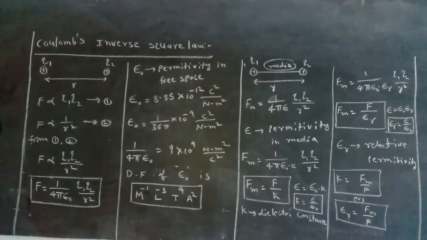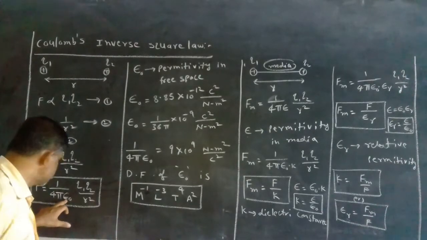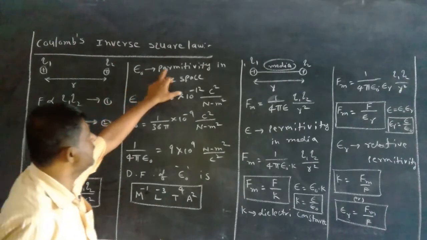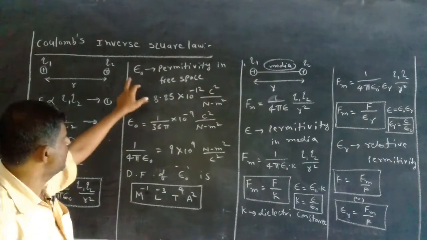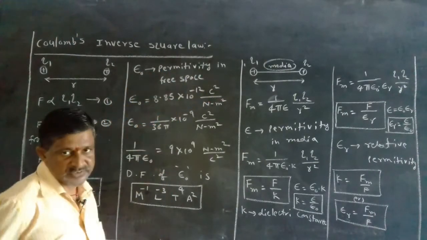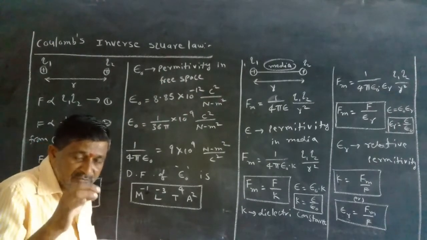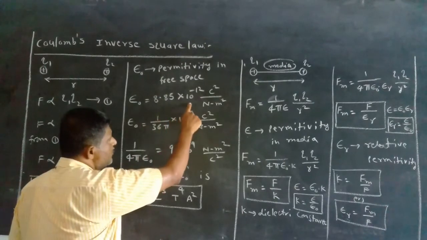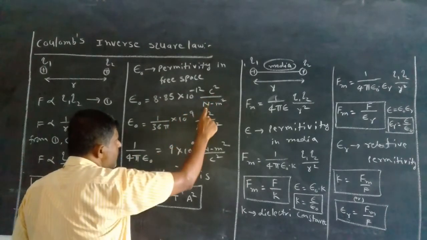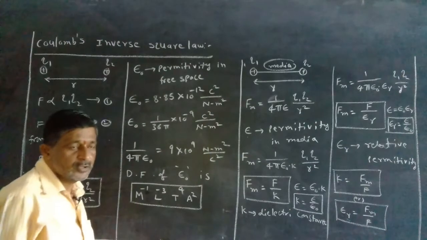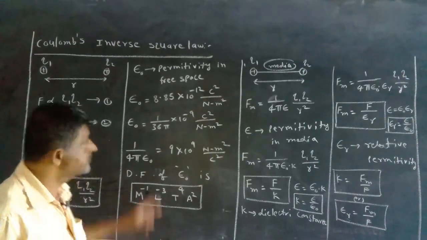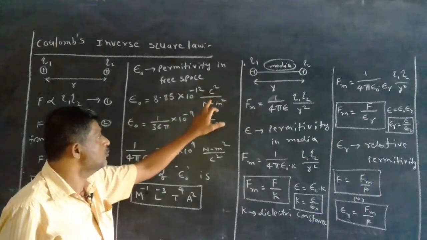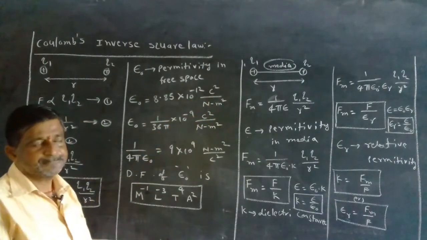Now, what is epsilon naught? Epsilon naught is called the permittivity of free space. This permittivity of free space is a constant with the value 8.85 into 10 to the power of minus 12 Coulomb square divided by Newton meter square.